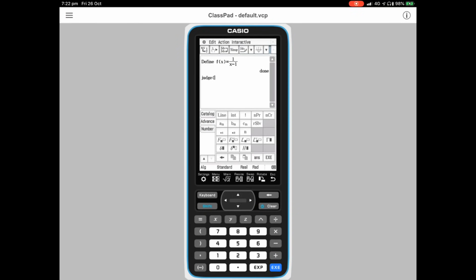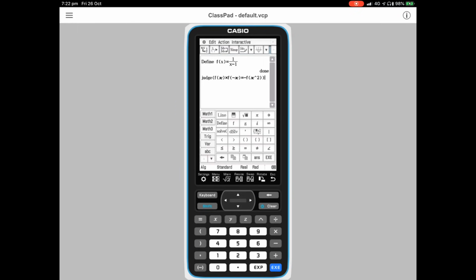So f of x times f of negative x is equal to negative f of x squared.